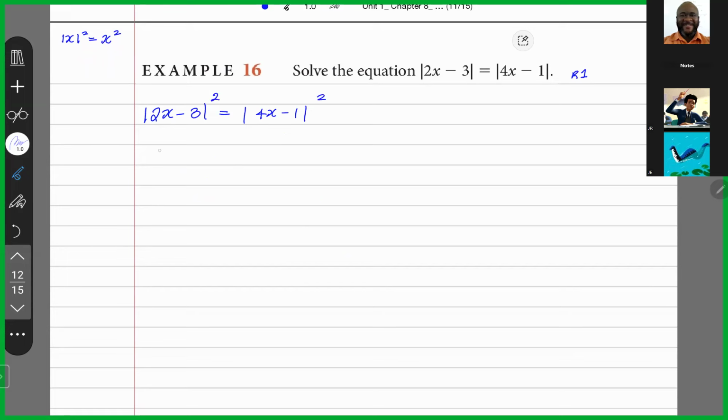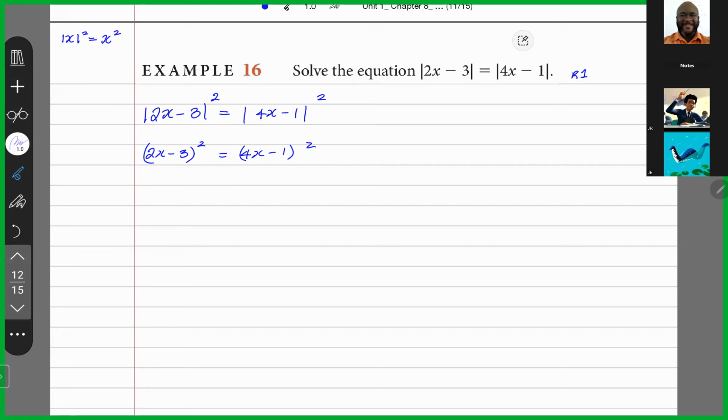The mod of 2x minus 3 squared is equal to 2x minus 3 squared, and the mod of 4x minus 1 squared is equal to 4x minus 1 squared.